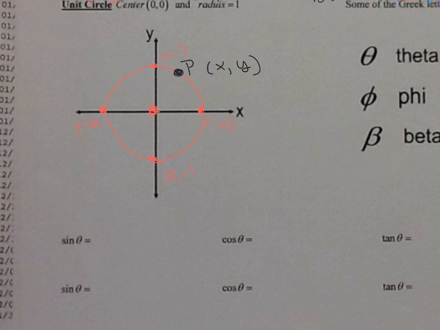I don't know what that xy value is, but I know it's some point, x, y. And I do know this, that I can take from the center and draw in my radius. And I know that the length of this radius is 1, because remember, we went up, down, left, right, 1. So this is a length of 1.